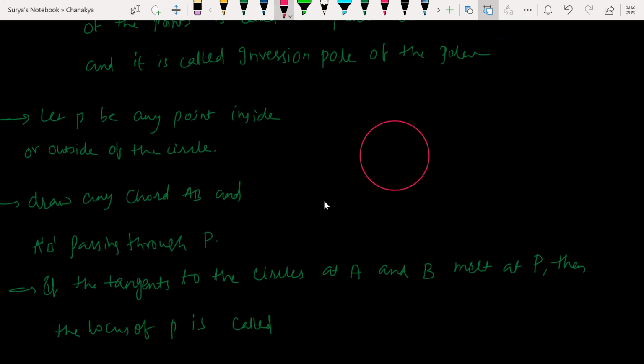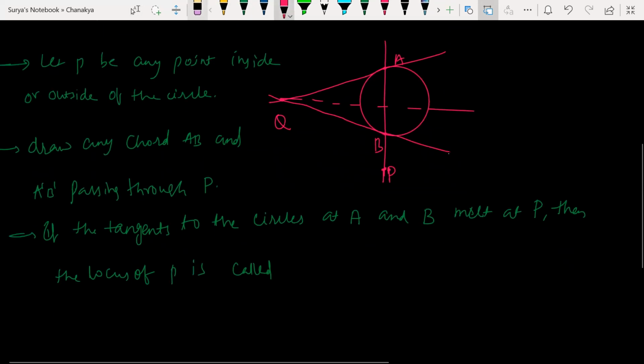Here I take a point P, and let us say this is chord AB. Now look, if we draw tangents like this, this point is Q. The tangents to the circle at A and B meet at Q.